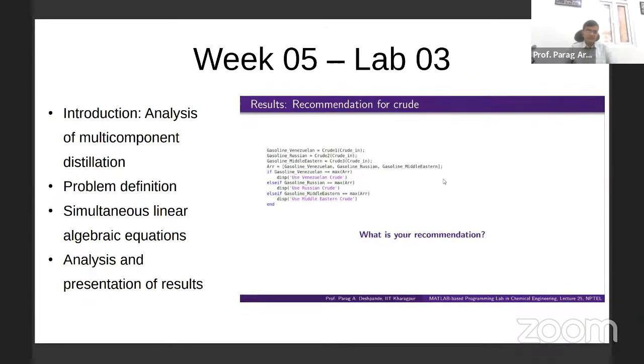Then you were also asked another question: what would be your recommendation if you change from one group to the other, which would maximize one given component of your stream. Now, this was again an exercise where you change the entire matrix and then redo the calculation using the new matrix.